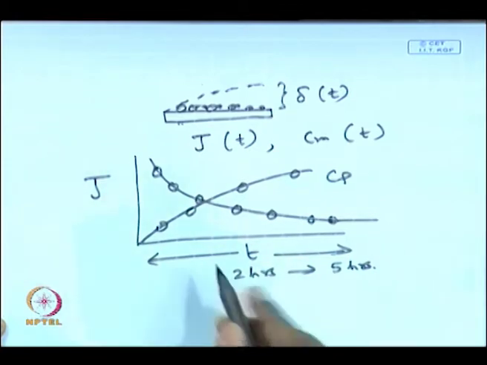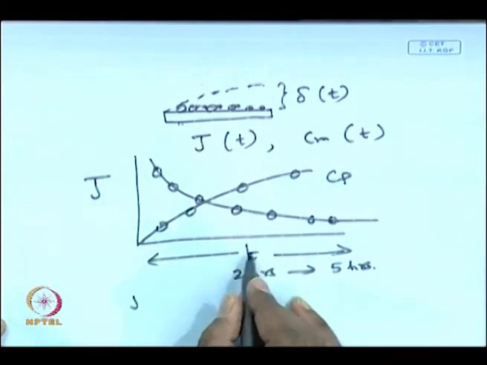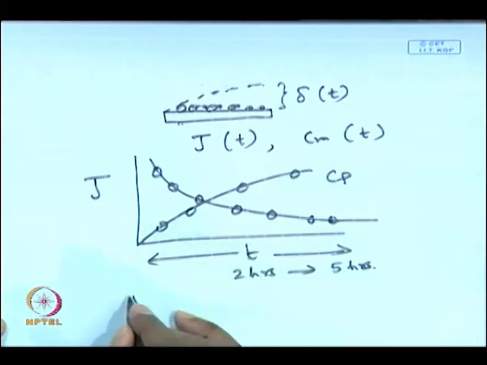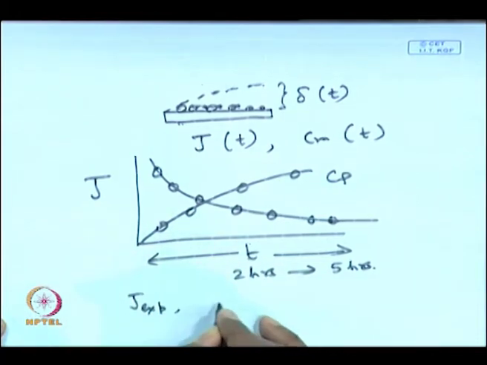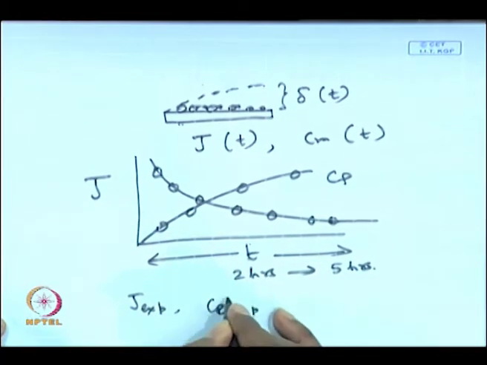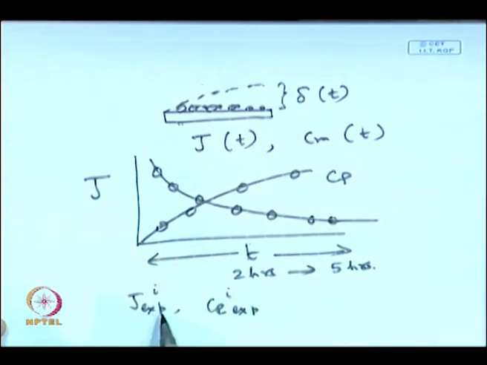Every time point, these measurements will be J experimental and Cp experimental. The ith point corresponds to J exp i and Cp exp i. So you can have a huge number of these data. On the other hand, in a steady state cross flow system, one experiment of 1 or 2 hours will give you one data point, so you have to conduct so many experiments.